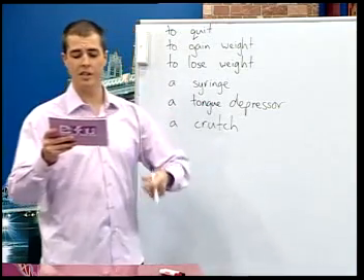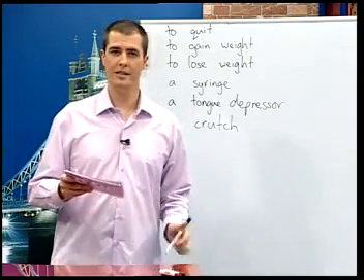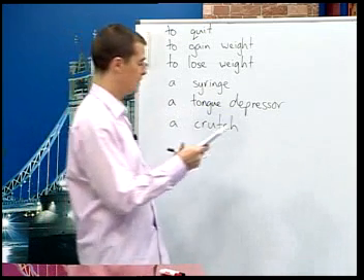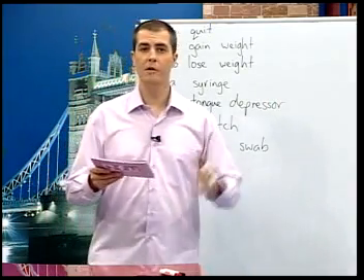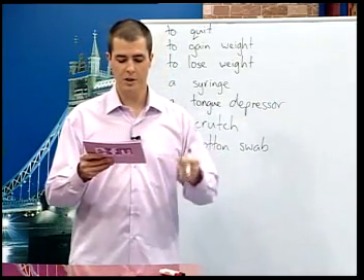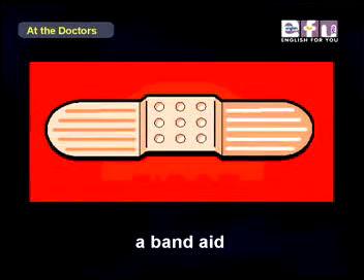A crutch is a long stick that you put under your arm to help you walk when you have a hurt leg or legs. A cotton swab is a soft mass of cotton that doctors may use to clean a wound. It's on a little stick.